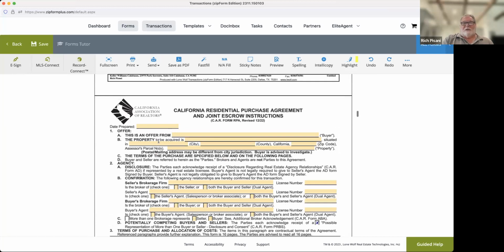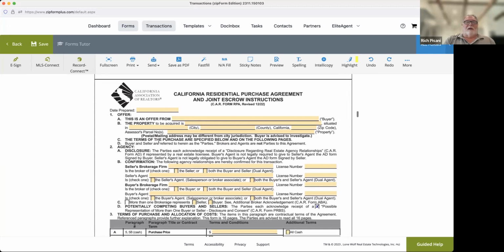So now we get into directly the RPA and what we're here for today. And this is the offer. Make sure that you date it, the date it is prepared, because there are other forms that come consequently that are based upon the RPA that was dated on this date.